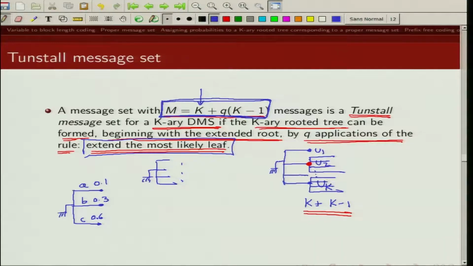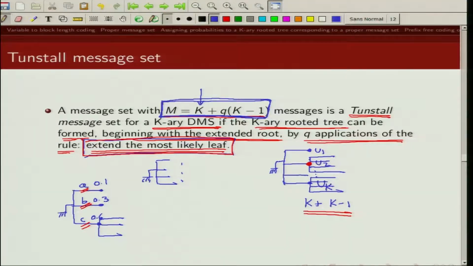This is a proper message set. Let's say I want to extend a leaf. Which one should I extend? Should I extend A, B, or C? According to this rule, I should extend the most likely leaf. That's C, because the probability of this vertex is 0.6. So I am going to extend this particular leaf.